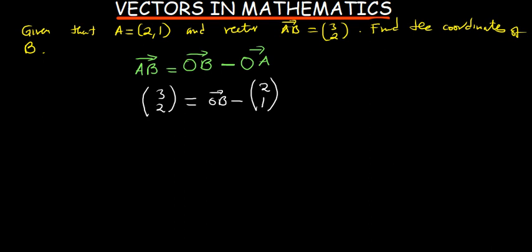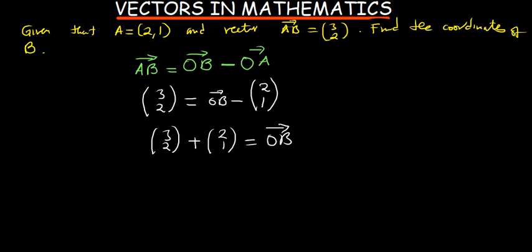Don't write a coordinate, you write them as vectors because we wrote OA as a vector like that. So I'm going to take this one, this side is going to become positive because here it is negative, so it becomes 3 2 plus 2 1, that is going to be equal to OB.